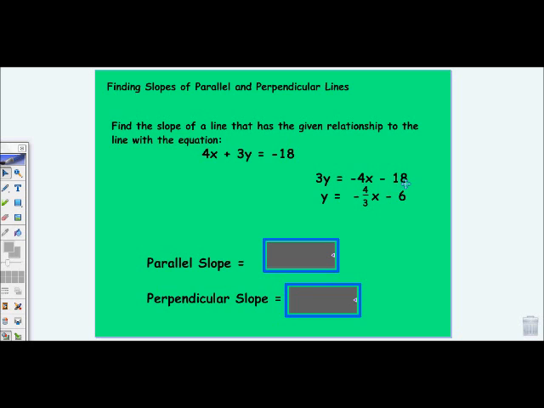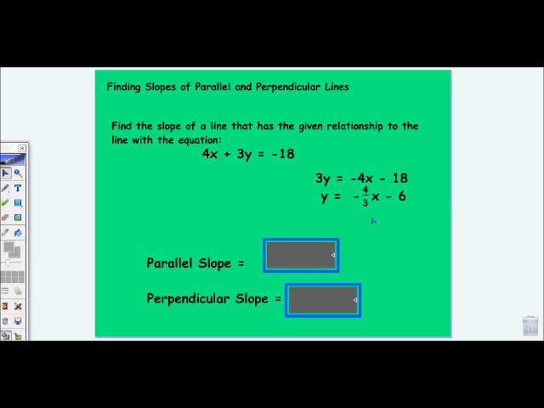And we still have a negative 18. Then I don't want to know how many 3y's are, so I divide everything by 3, giving me 3y divided by 3 gave me my y. Negative 4 divided by 3 leaves it as a fraction for my slope coefficient, so that's negative 4 over 3x. And then negative 18 divided by 3 gives me negative 6.